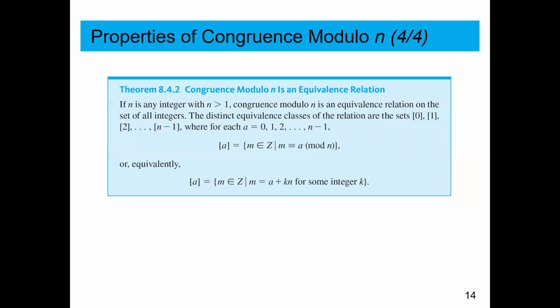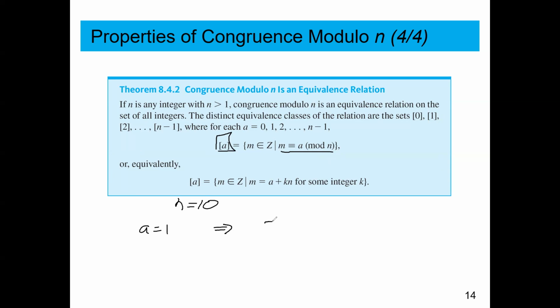All of the congruences, we write them as this A with square brackets around it. That is all the possible values that are congruent to A mod n. Let me give you a quick example. Suppose that n equals, let's say, 10. And let's say A equals 1.